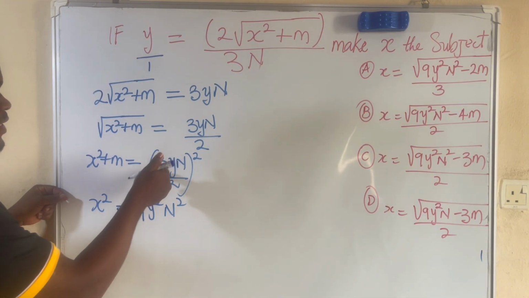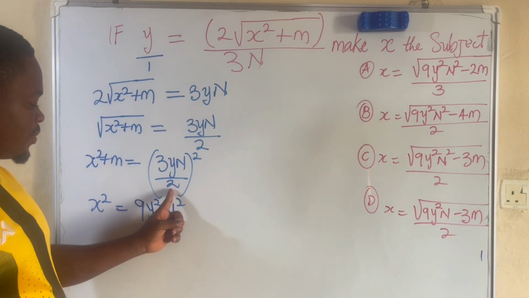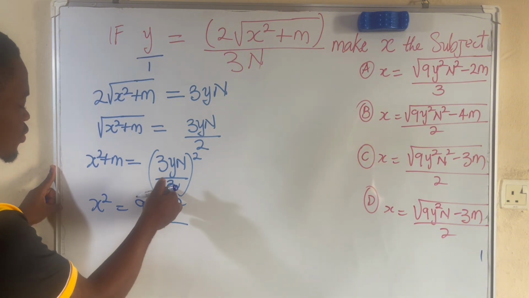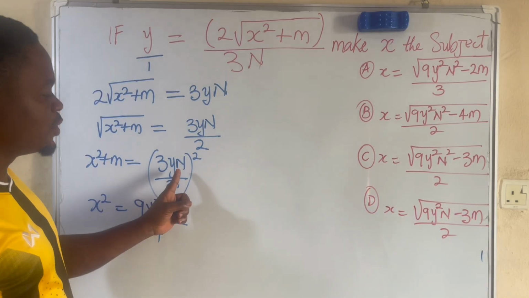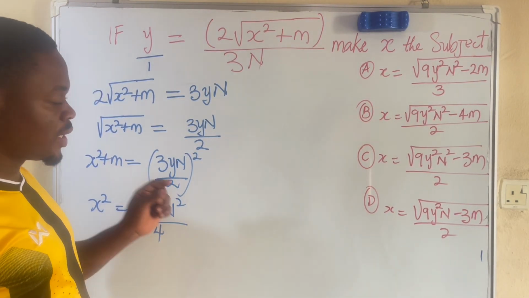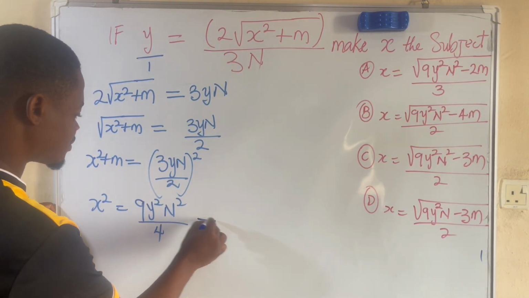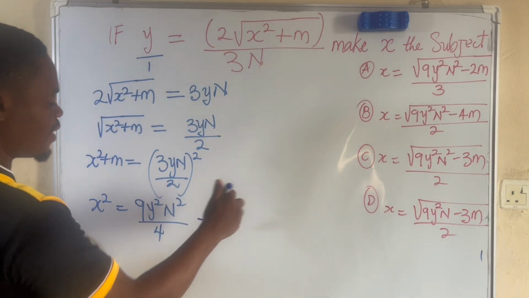This square here affects every other number here, both the numerator and the denominator. So divided by, and 2 squared is also 4. You square the numerator and equally square the denominator. So minus, plus m crossing the equality sign, you have m.